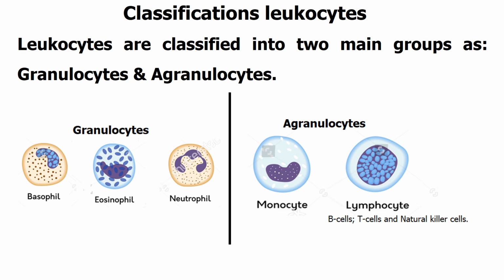The granulocytes include basophil, eosinophil, neutrophil, while agranulocytes include monocytes and lymphocytes. Of course, the lymphocytes, like I told you, are the B cells, T cells, and the natural killer cells.